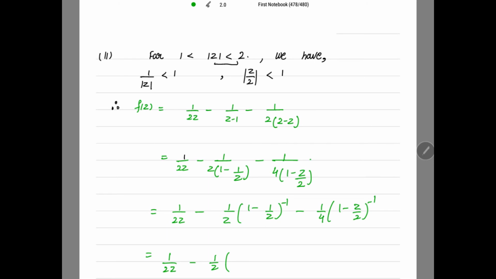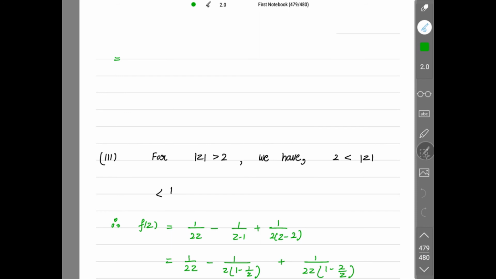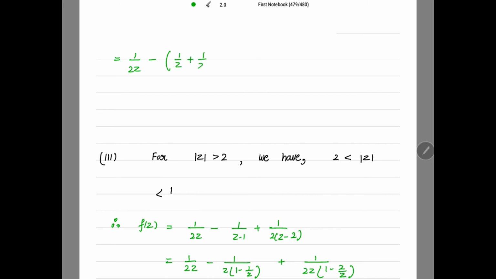So now I can expand. 1 plus 1 by z plus 1 by z square plus 1 by z cube, and so on, minus 1 by 4, 1 plus z by 2 plus z square by 4 plus z cube by 8, and so on, which is equal to 1 over 2z, into 1 over z plus 1 by z square plus 1 by z cube.